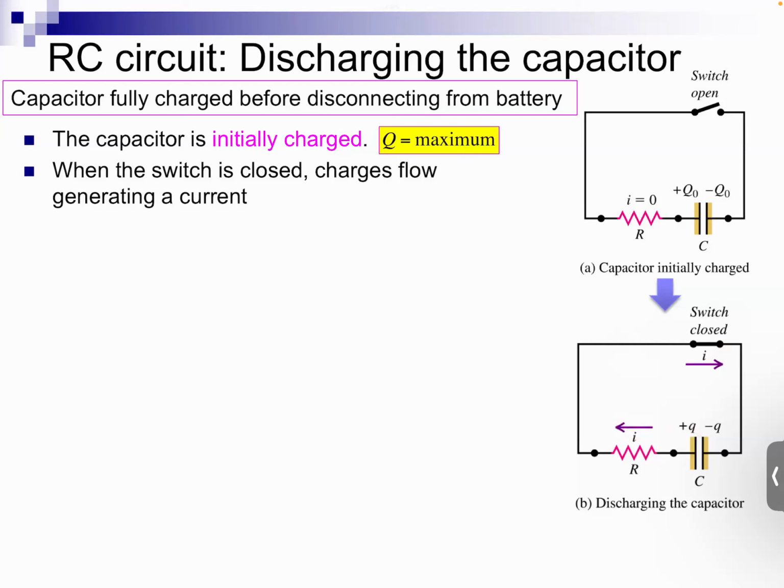In other words, current will flow. Again, the current flows from the high potential point, the positive plate of the capacitor, to the negative plate of the capacitor. So you can see here, your fully charged capacitor sort of acts like the voltage source, right?